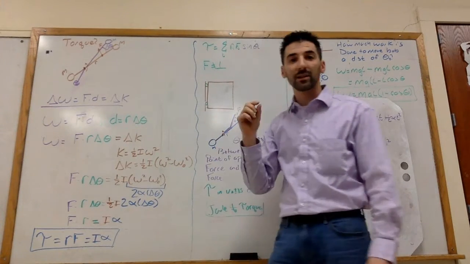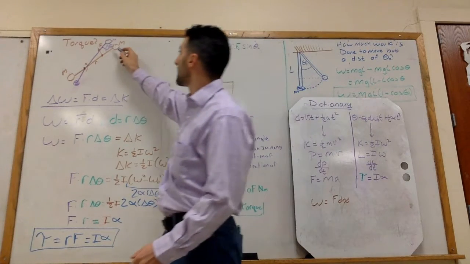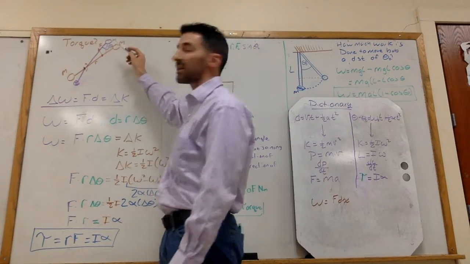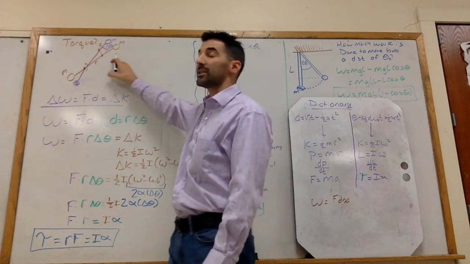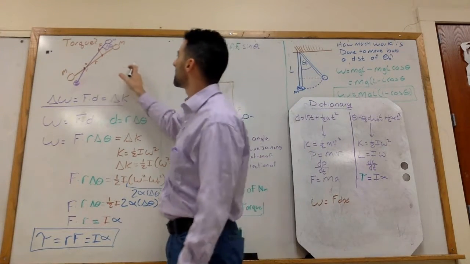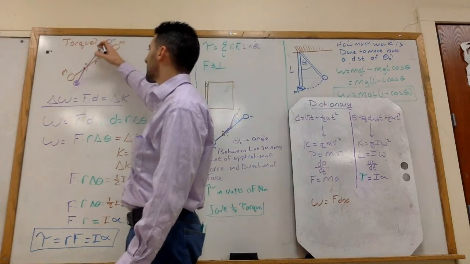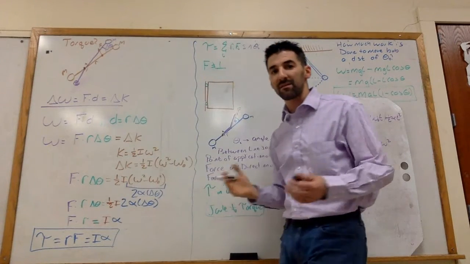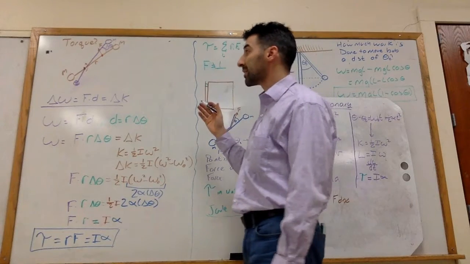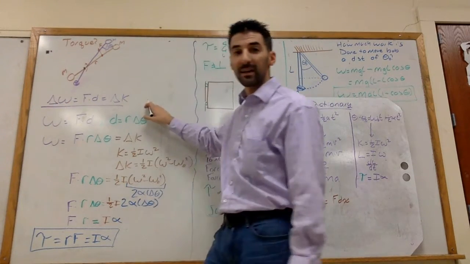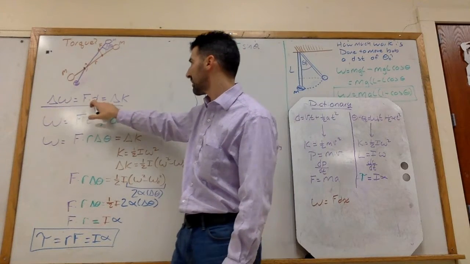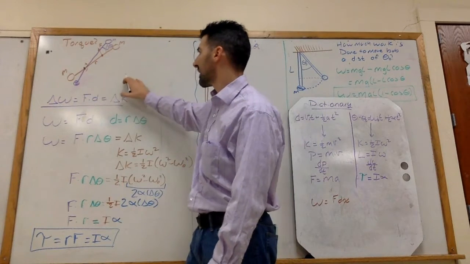I want that angle to be small because if delta theta is very small, I can assume that my angular acceleration is constant for this. Well, to figure out exactly how it turned, I'm going to utilize one of my fundamental concepts, the work-energy theorem. We know that the work-energy theorem, by definition, says work, a force times the distance, is its change in kinetic energy.